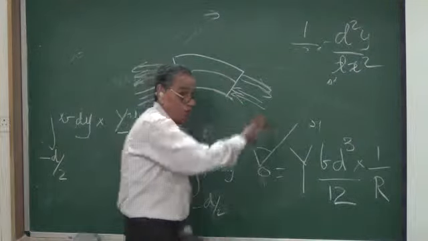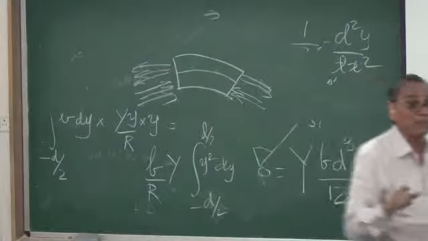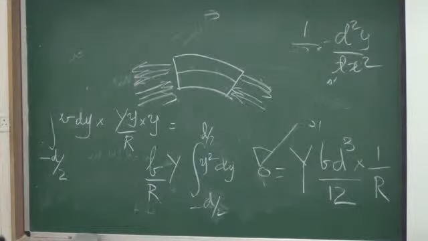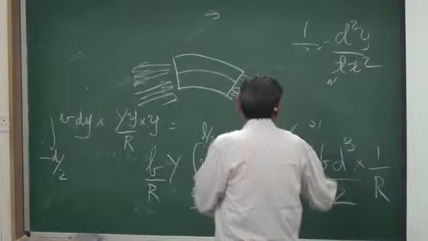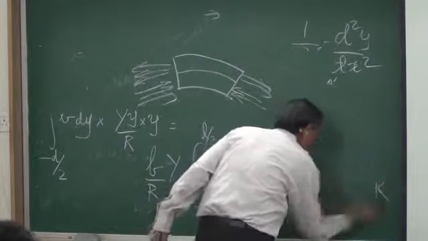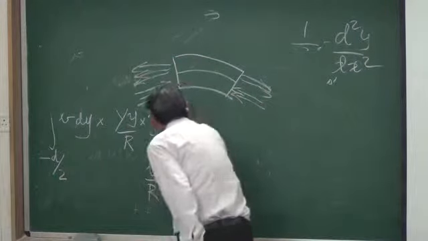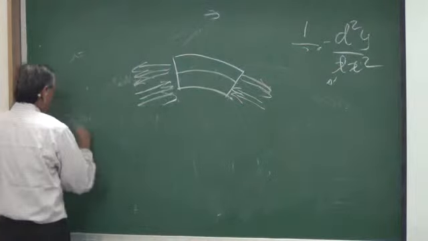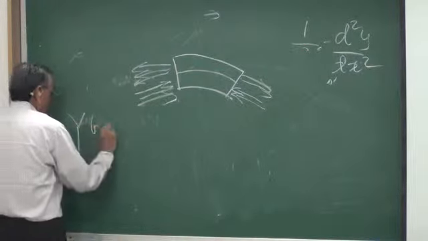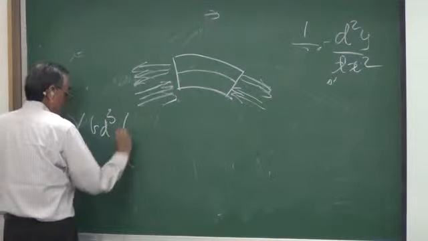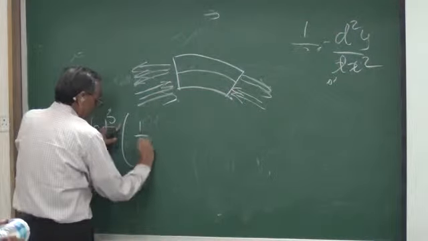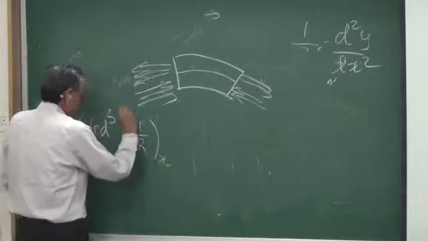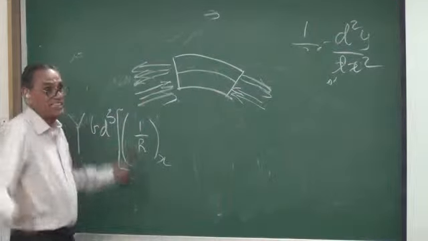So the bending moment due to this will be opposite to the bending moment due to the other, on the other side of the bar. Suppose here the bending moment is Y B d cube into 1 by R, at a point x along the length of the bar.